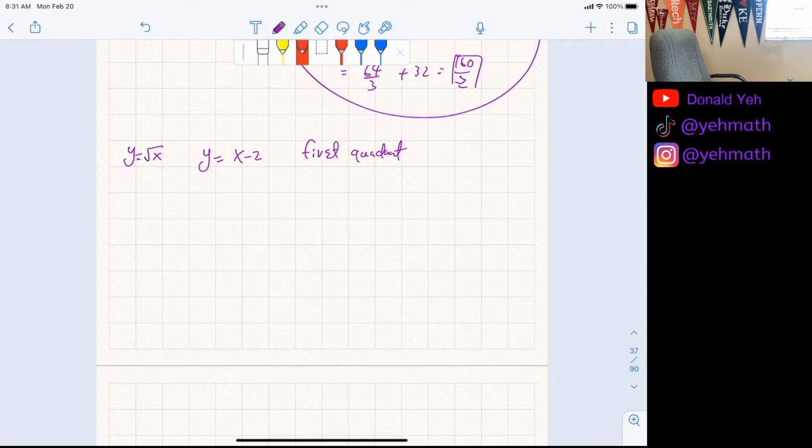Is it possible to do it in the Y perspective, and is it more accurate and more efficient? So is it possible to do this? I already posted a question there. You can redraw that graph: y equals square root of x, y equals x minus 2, and the first quadrant.